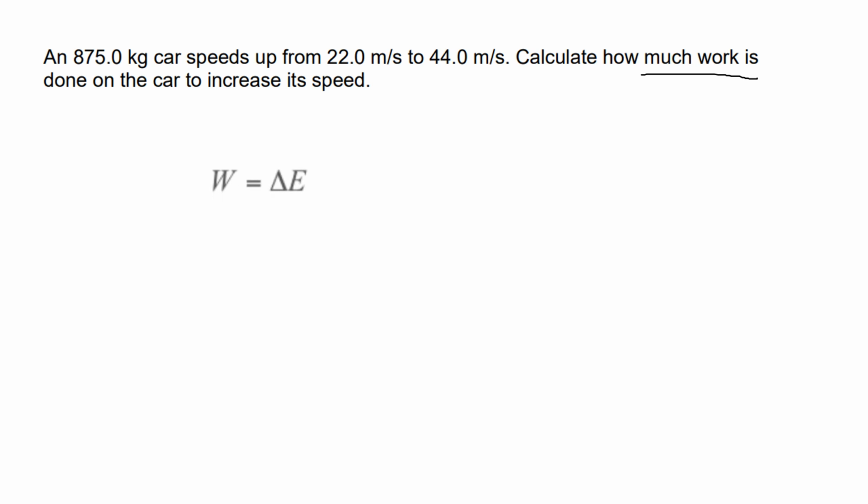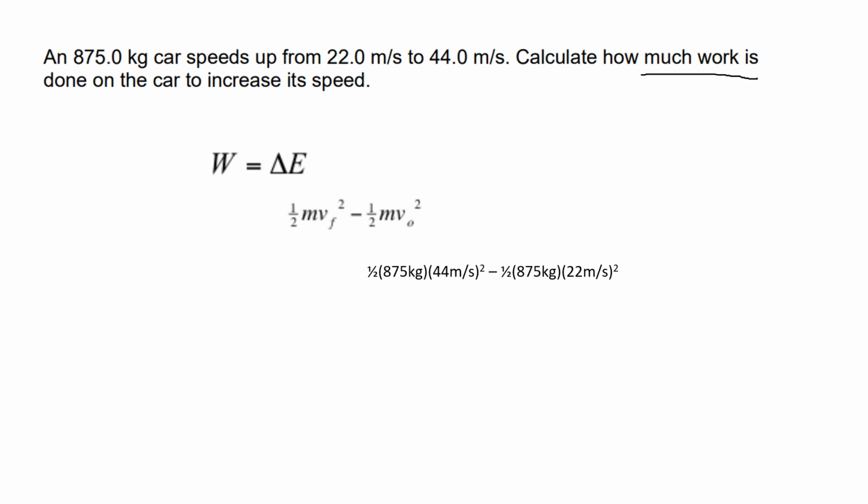And so a half times the mass, 875 kg, times the final velocity, which is 44 meters per second squared, don't forget the squared, minus a half times the mass, 875, times the initial velocity squared, which is 22 meters per second squared, which will give us 635,250 joules, or you can write it as 6.4 times 10 to the power of 5 joules.